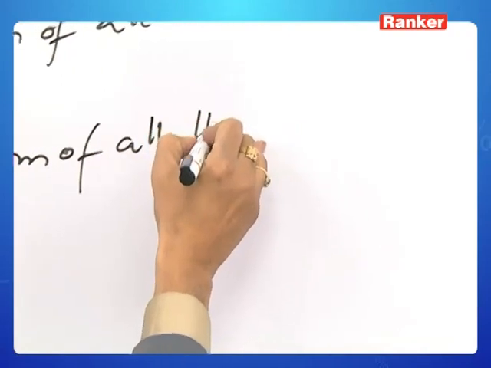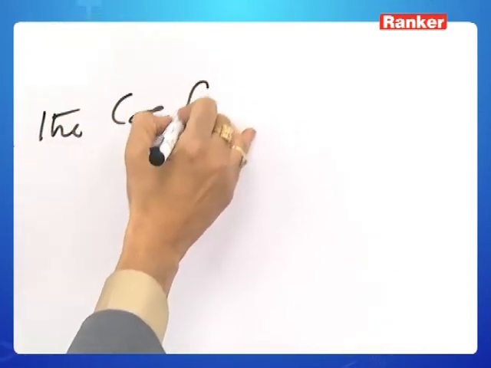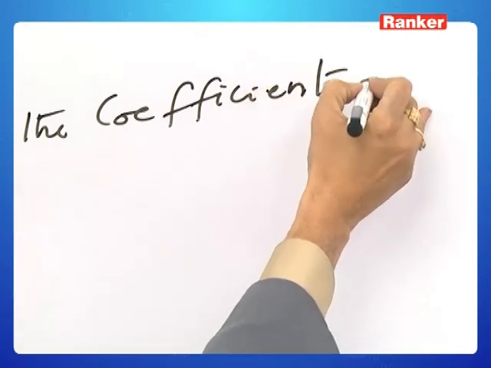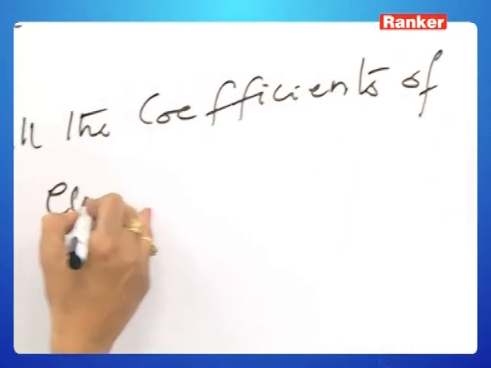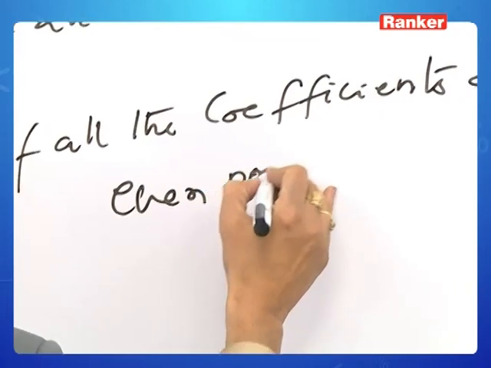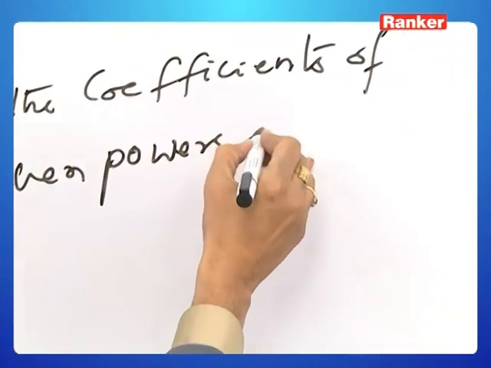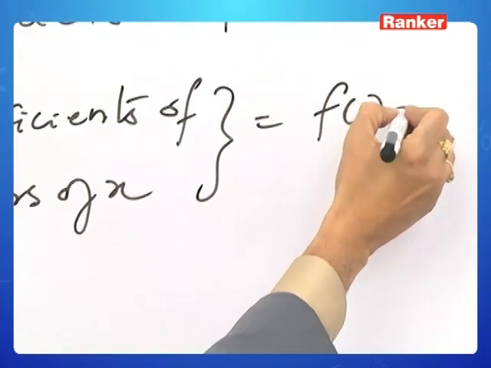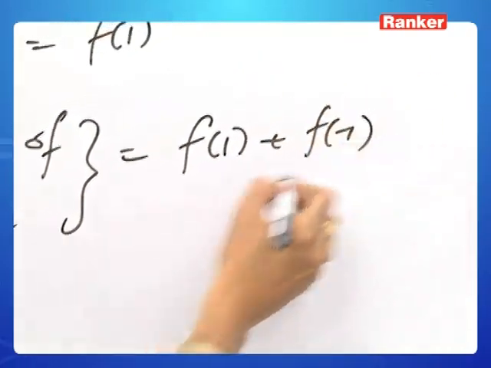Sum of all the coefficients of even powers of x is equal to f of 1 plus f of minus 1 by 2.